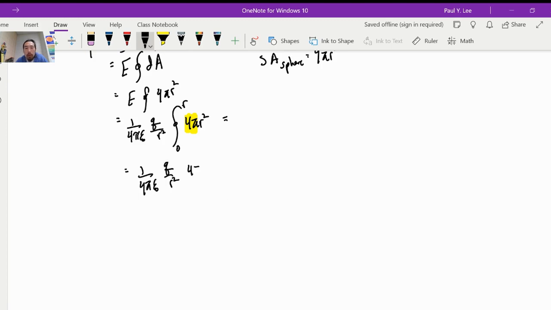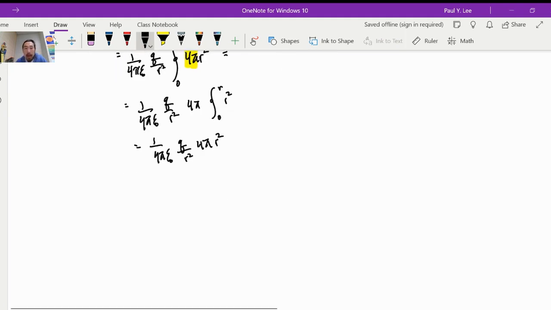And we took out the 4 and the pi, and then you know what? I'll show you the steps directly. 0 to r, r squared, and we take the integral of that with respect to dr, and we get 1 over 4 pi epsilon naught q over r squared, 4 pi r squared.